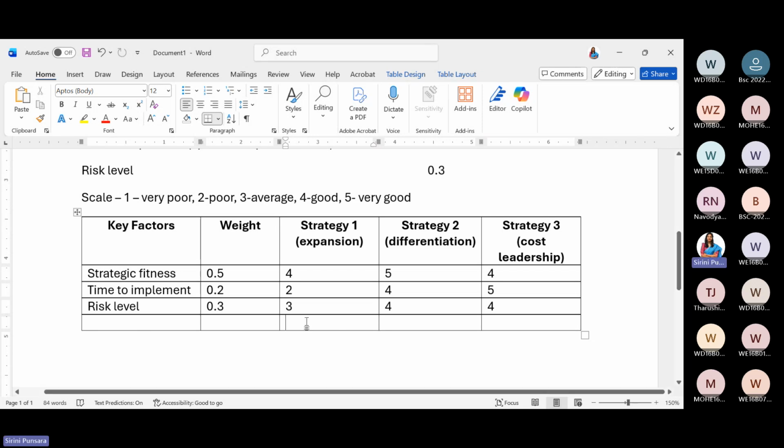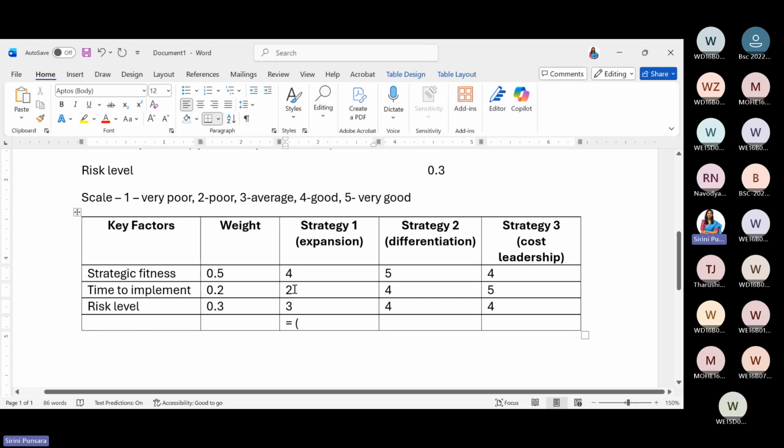Then here we are going to get the total. How we are going to get the total is, we multiply this value with the weightage plus this value with the weightage. Likewise, we are going to get total values for each strategy.